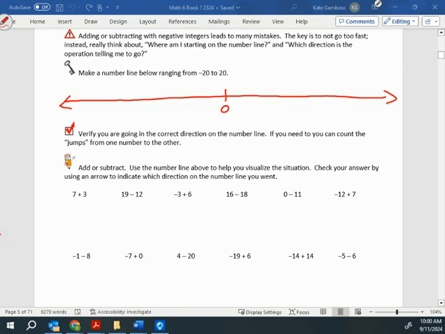And then instead of having to put all the numbers 0, 1, 2, 3, 4, 5, 6, I'm just going to skip count by 5s. 5, 10, 15, 20, negative 5, negative 10, negative 15, negative 20.